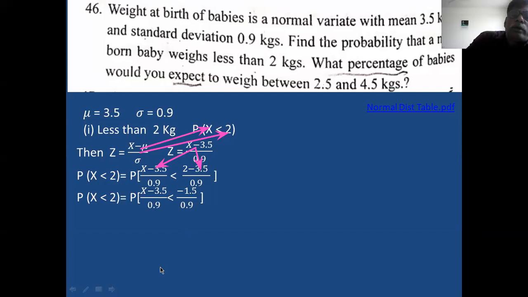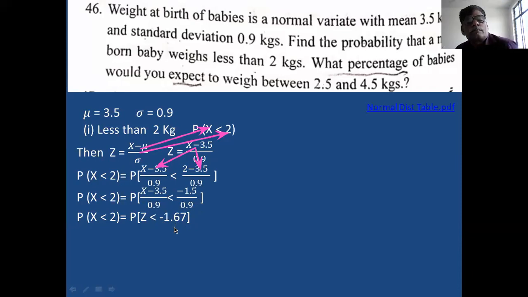In the next step, probability of X less than 2 is equal to probability of Z, in place of the standard normal variate equation, again I write the Z. Z is smaller than minus 1.67. If you divide 1.5 by 0.9, it is equal to 1.67, minus 1.67. Okay.